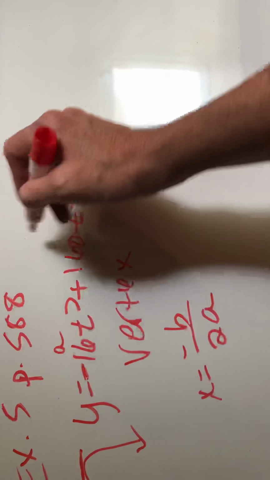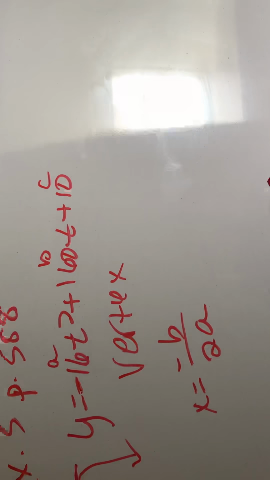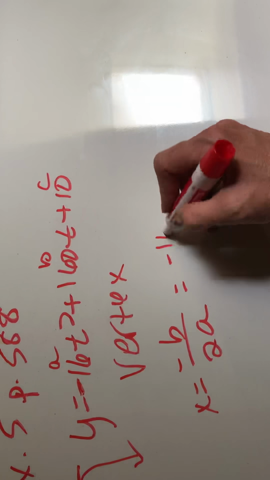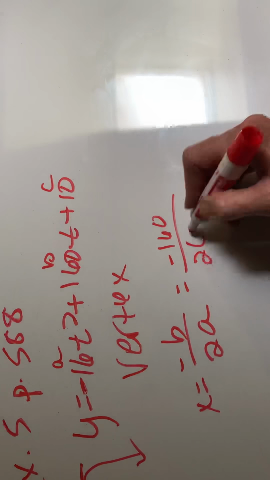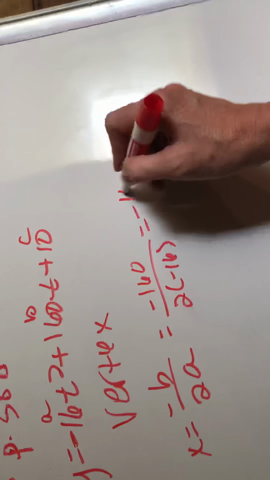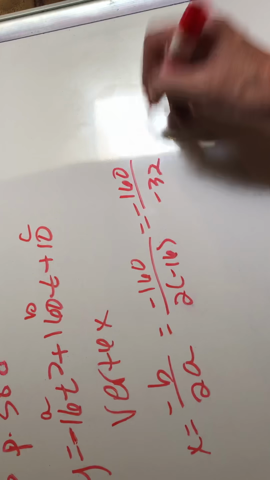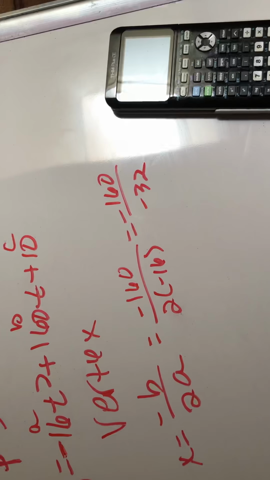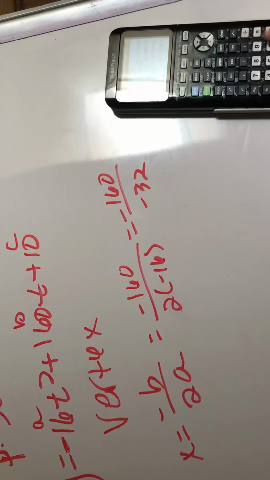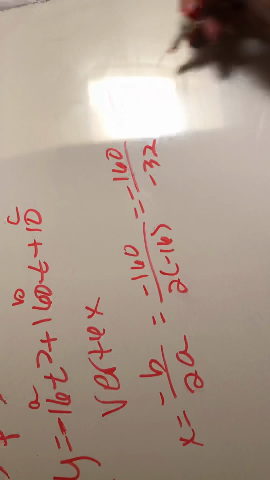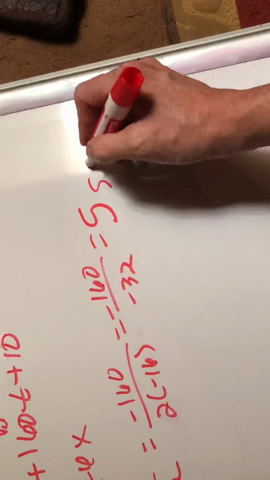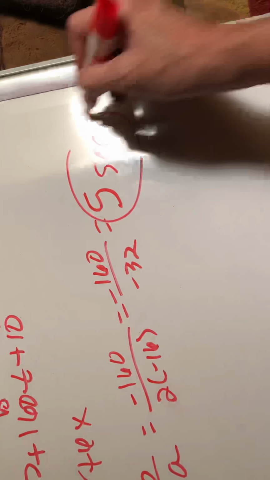So A, B, C. B is 160, so -160 over 2 times -16. So that would be -160 over -32. So then 160 divided by 32, really, because negative and negative goes away. So it's 5. So it's going to take 5 seconds to get to its highest point.